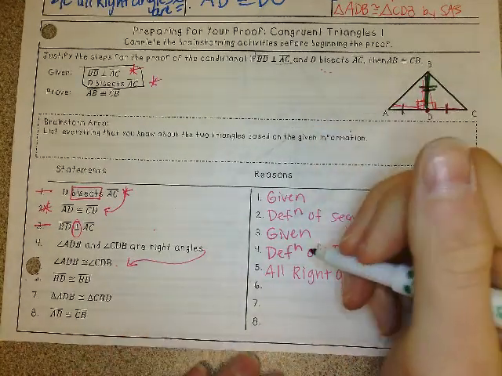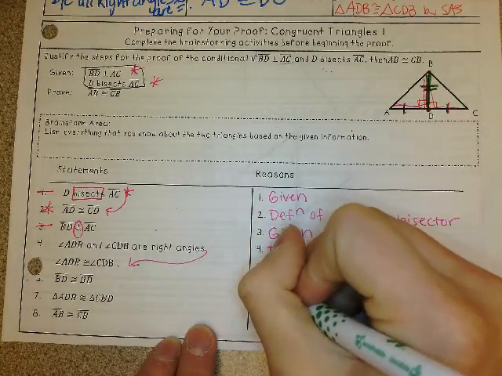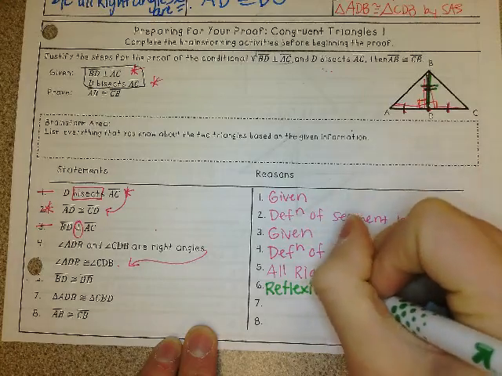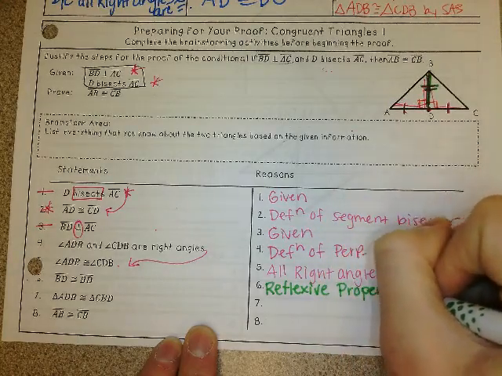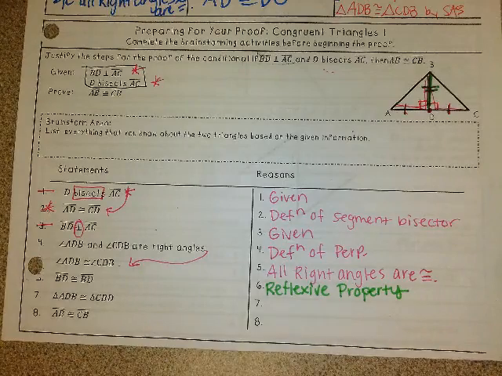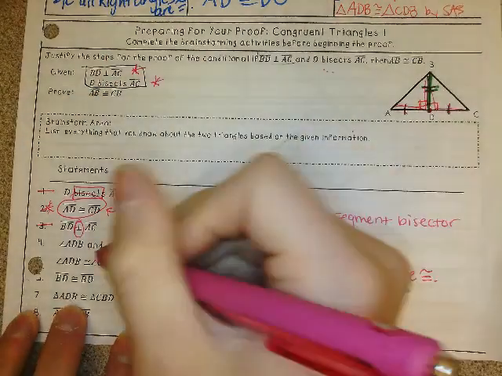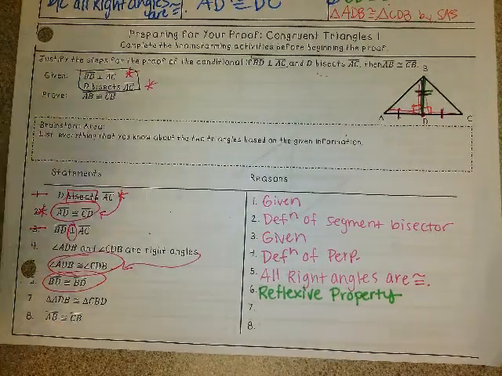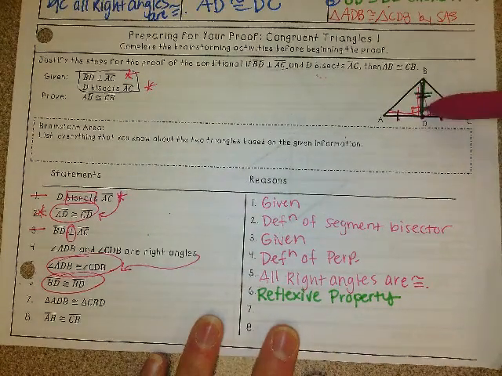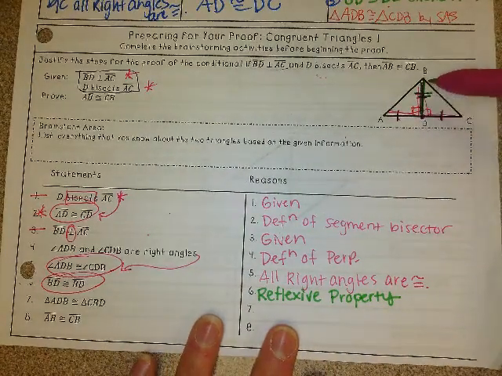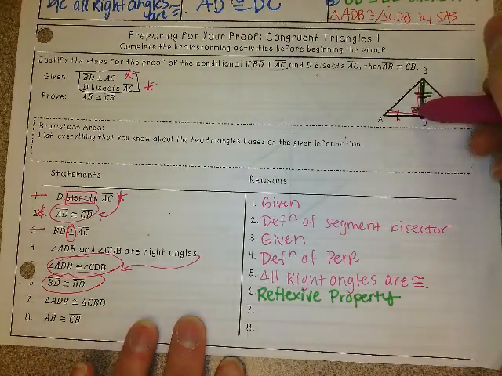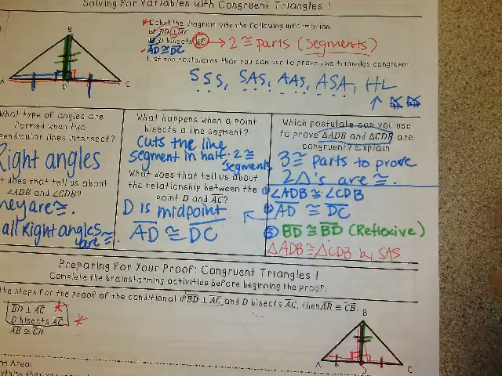That's called reflexive. Okay, so do I have 3 congruent parts? 1, 2, 3. Yes, so can I say that these two triangles are congruent? Yes, but make sure they're in the right order, like SAS, SSS, AAS. So these two triangles are congruent, we said earlier, by SAS.